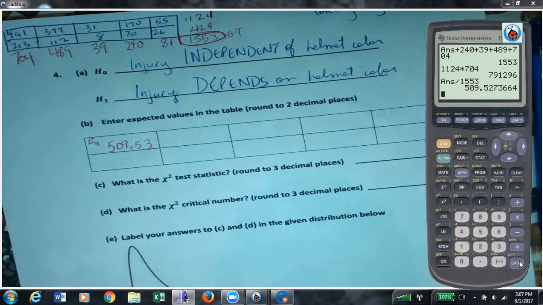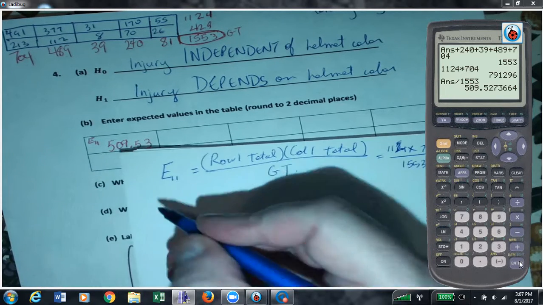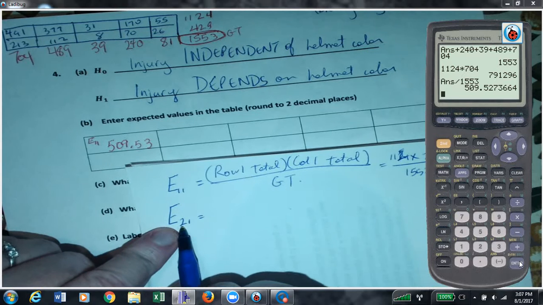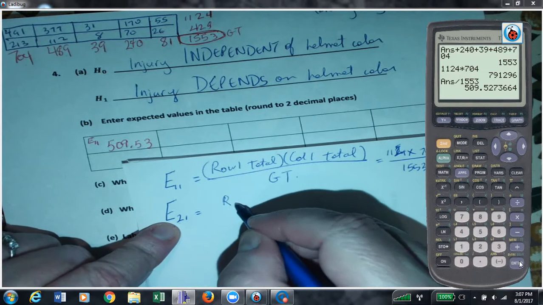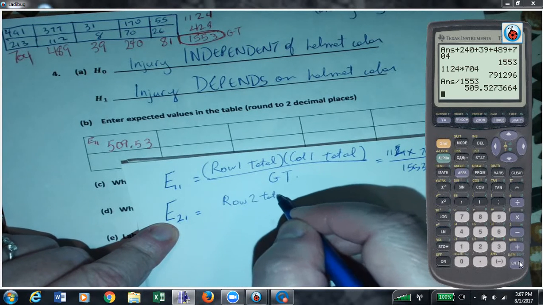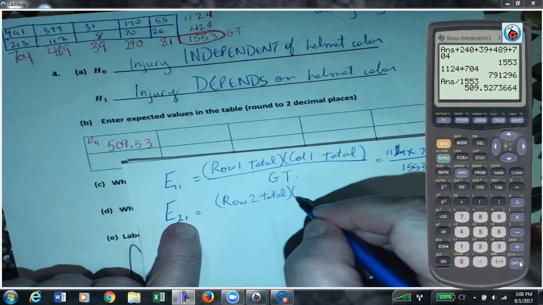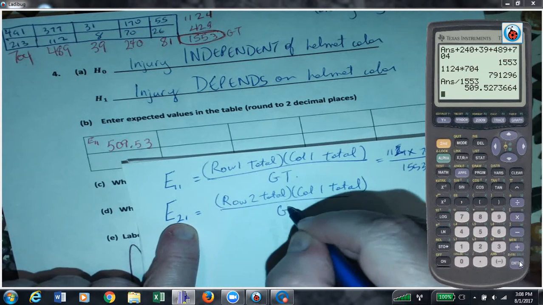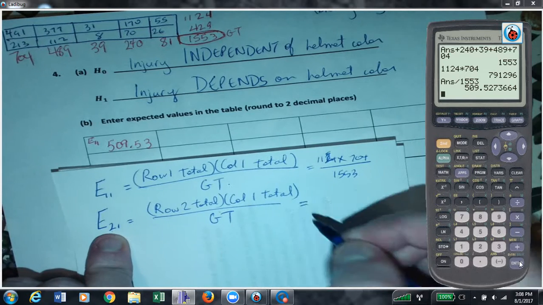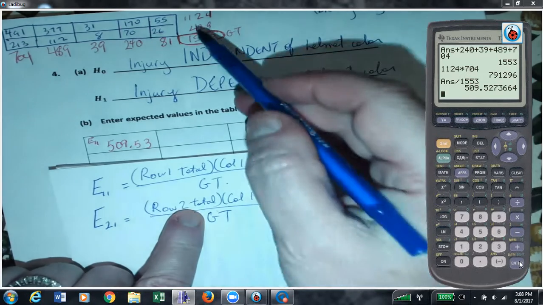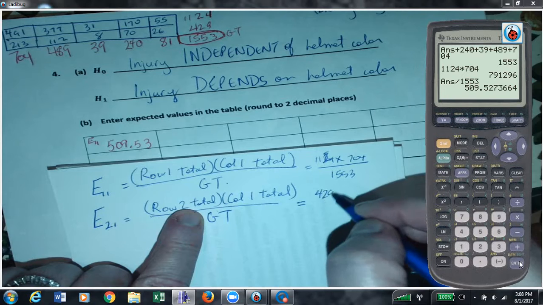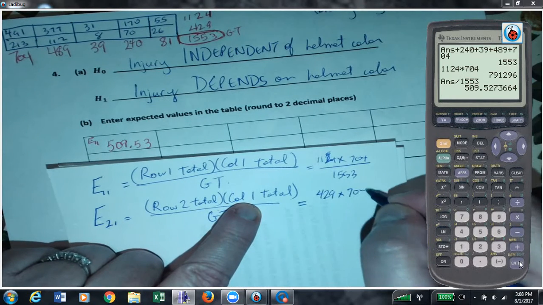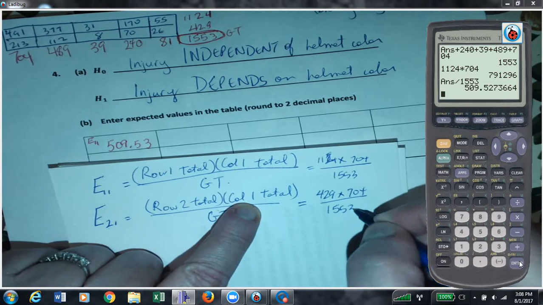What's this guy? It's E21. I am not going to do all of them. I'll do the first 2 and then let you do the rest to check. Row 2, column 1. It will be the row 2 total times the column 1 total divided by the grand total. So this will equal the row 2 total, which is 429, times the column 1 total, which is 704, divided by 1553.